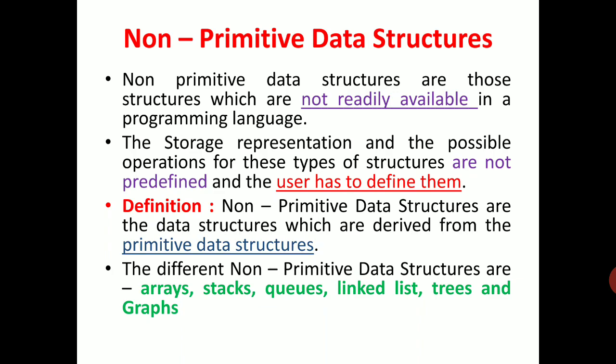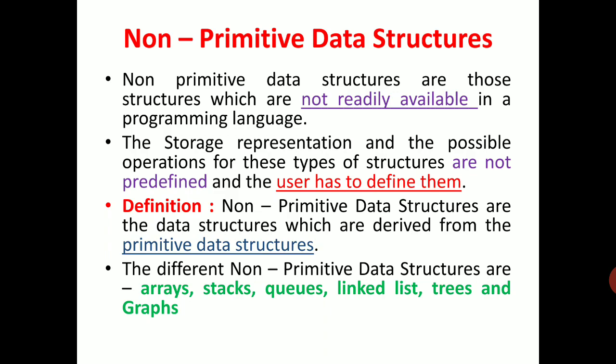What do you mean by non-primitive? The data structures which are designed by the user by using primitive data structures are called non-primitive data structures. Examples are array. An array is created by the user by using a primitive data structure, like int a of 10 or float a of 10. Stacks and queues, we are still unaware of these things. We'll proceed to stacks and queues in the next class.